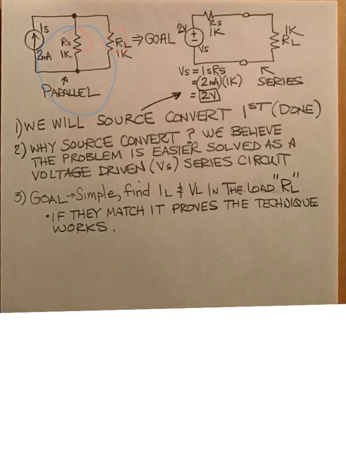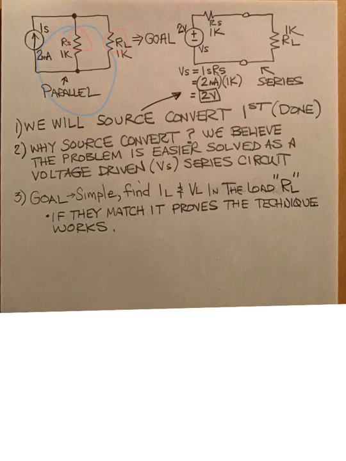The one on the right is a simple series circuit. If you were given the circuit on the left, by converting it through source transformations, you now have an equivalent series circuit.